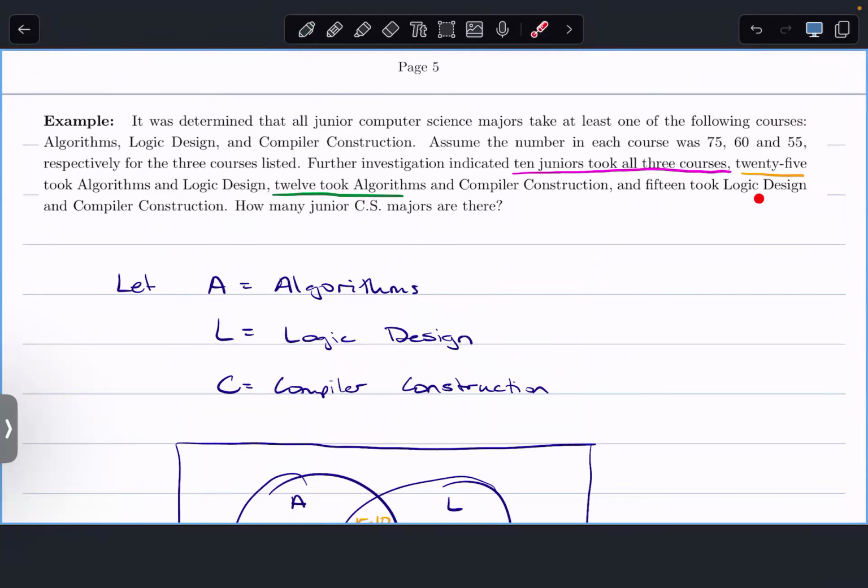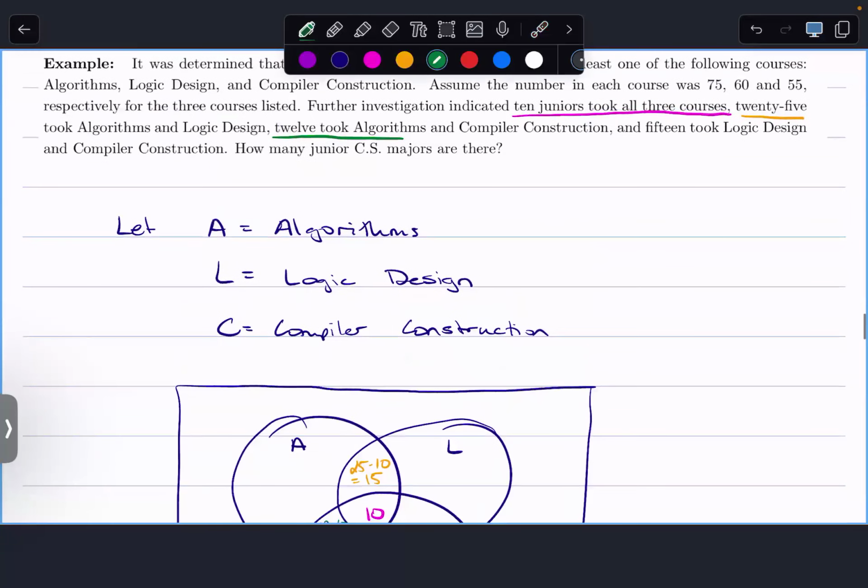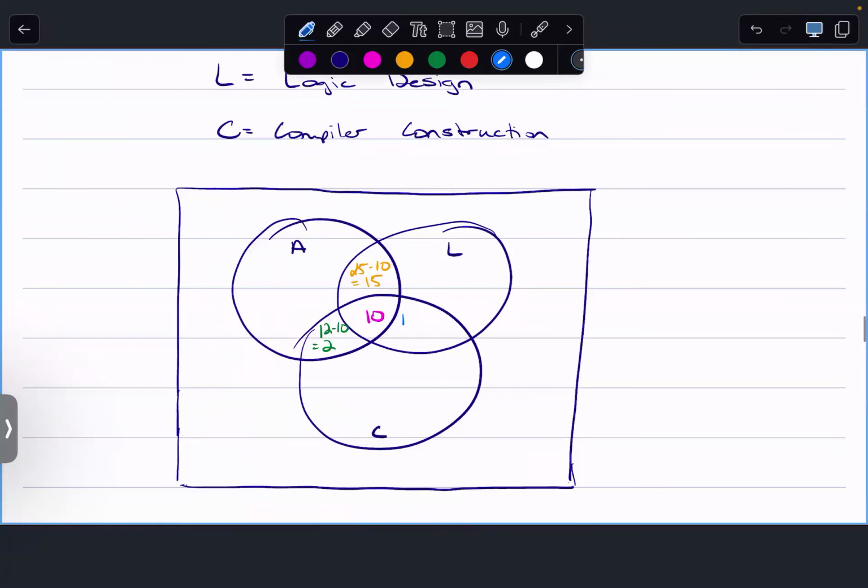And then 15 took logic design and compiler construction. 15 minus 10 leaves me with 5.